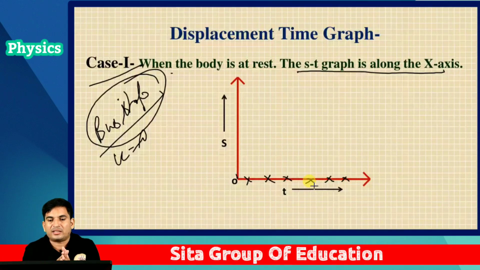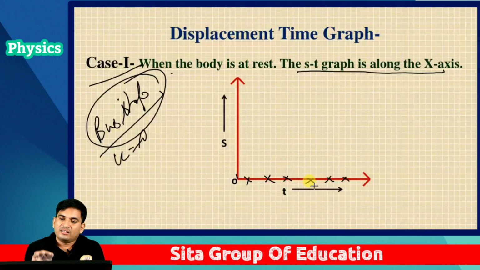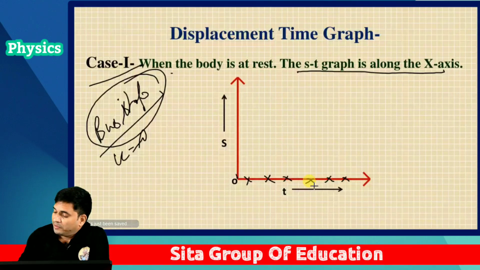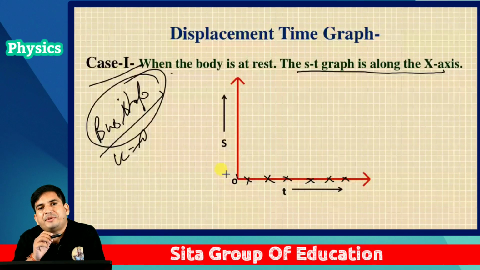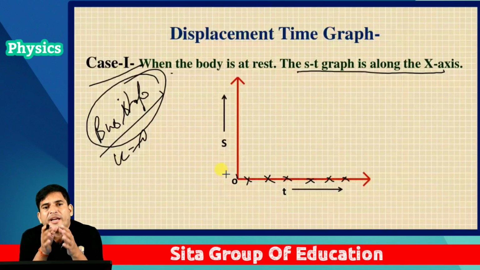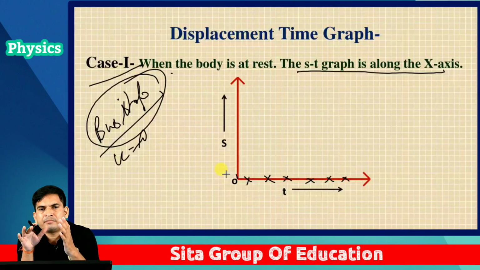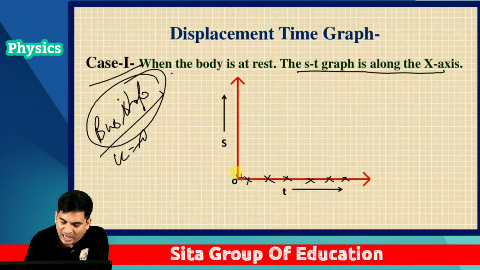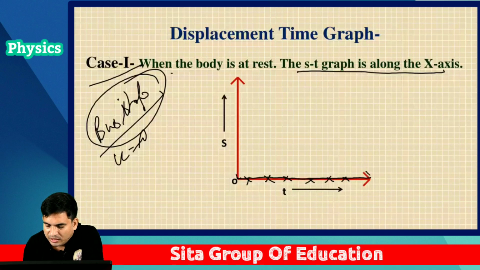We have plotted time on the x-axis and the distance or displacement, denoted by s, on the y-axis. If the position of the object is at the point O and is not changing, then the s-t graph is along the x-axis. Is it clear to everyone?